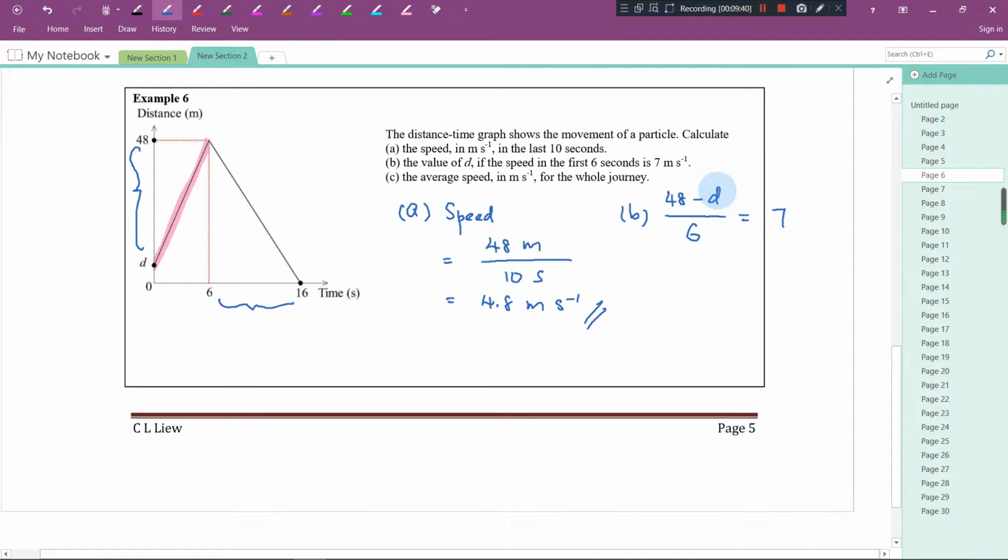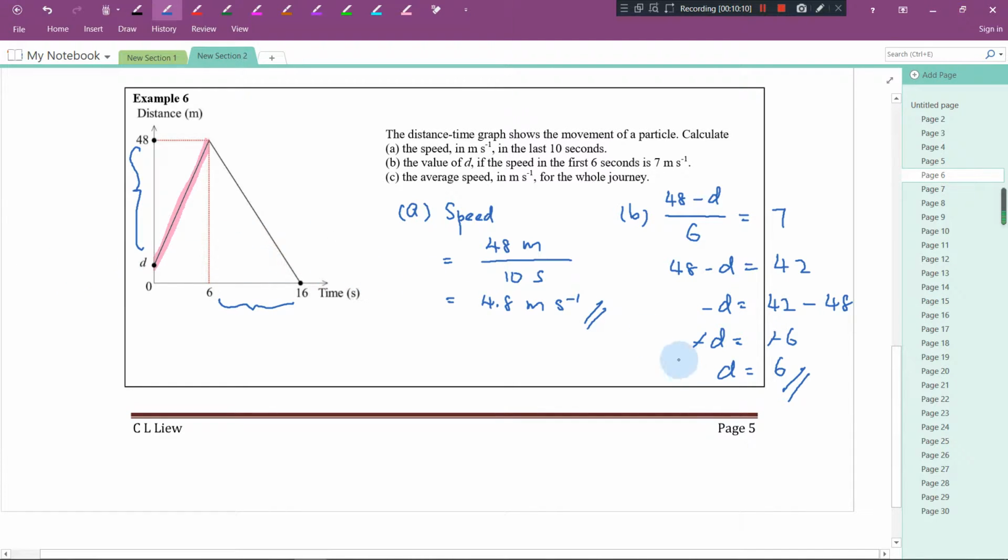We just need to solve this linear equation, get the value of D. The 6 will move over here. 7 times 6 is 42. Then we move the 48 over here. 42 minus 48 will give you -6. So you can cancel the negative sign here. D is equal to 6.